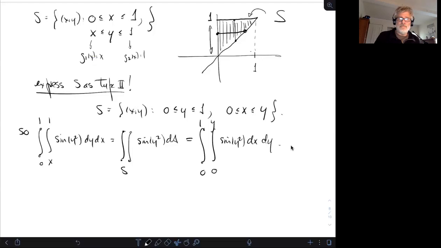Okay? So what did we gain? Well, now we can actually integrate the inside part. It's super easy because it's an integral with respect to x, and the sine of y squared is just a constant, right? So now this part is easy.